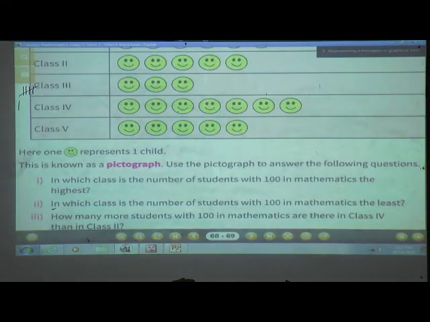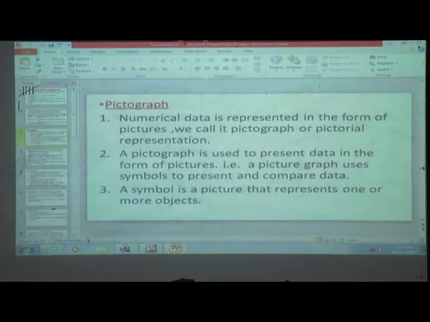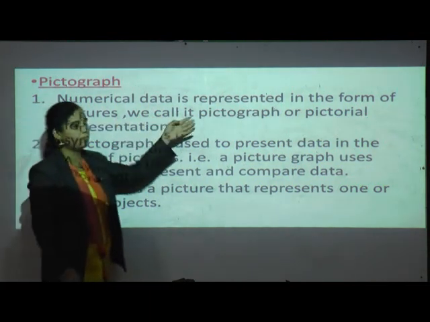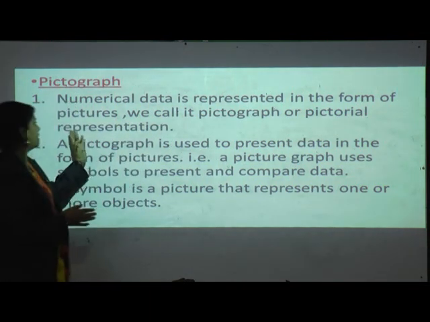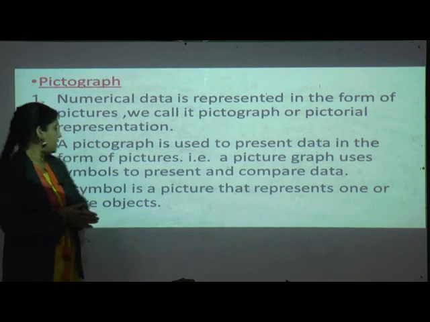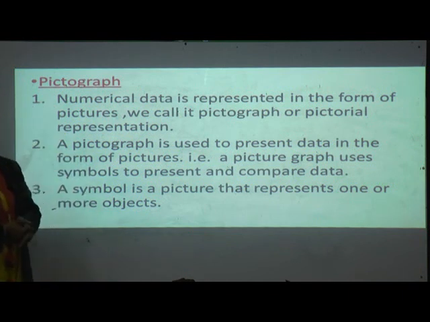Very good. Now we will see in detail what is meant by pictograph. See here, pictograph. Numerical data is represented in the form of pictures. We call it pictograph or pictorial representation. A pictograph is used to present data in the form of pictures.